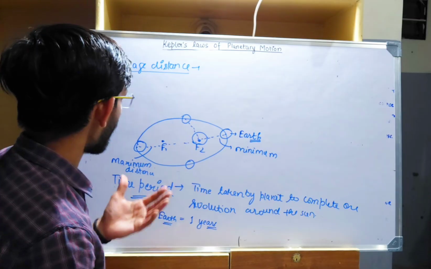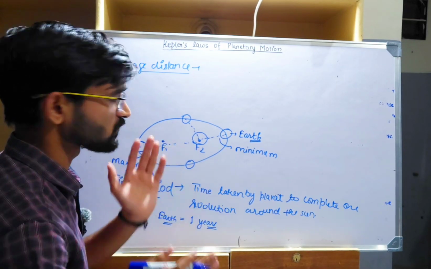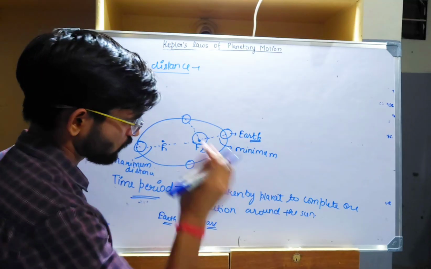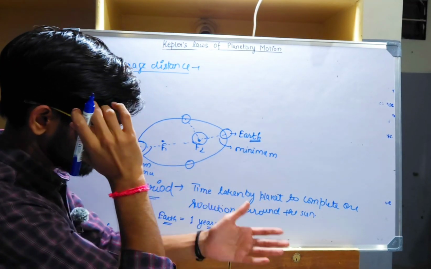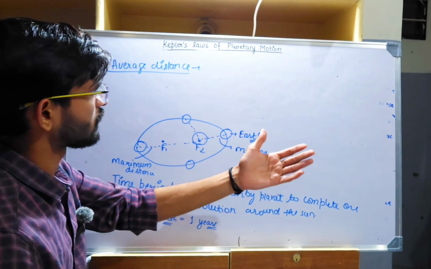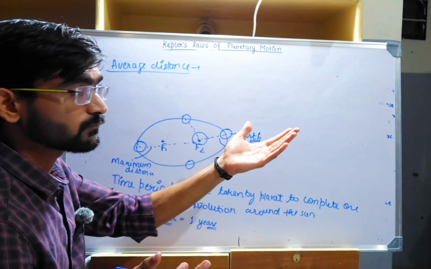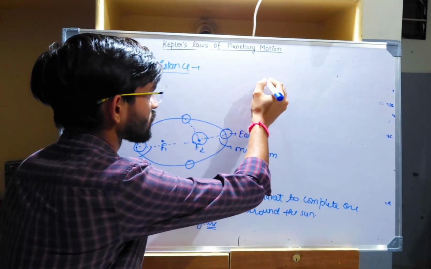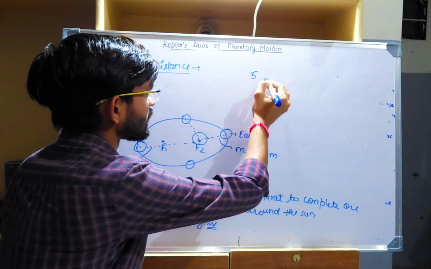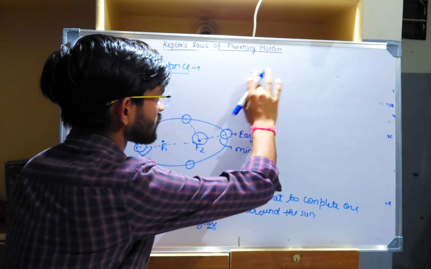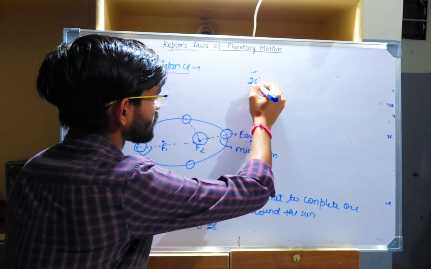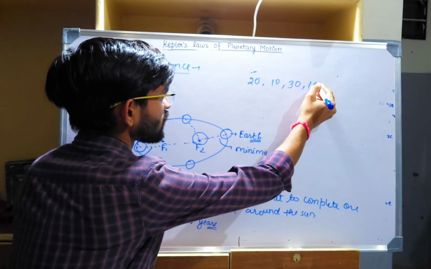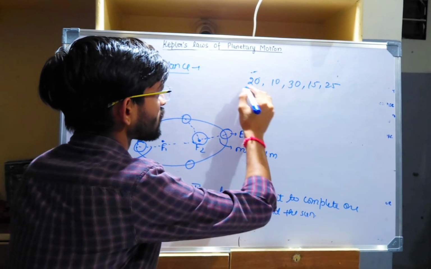So the distance is not fixed. How can we find the distance of a planet from the sun? For this we take average data. For example, you may have done questions of average in previous classes, like 5 students in a class scored 20, 10, 30, 15 and 25.